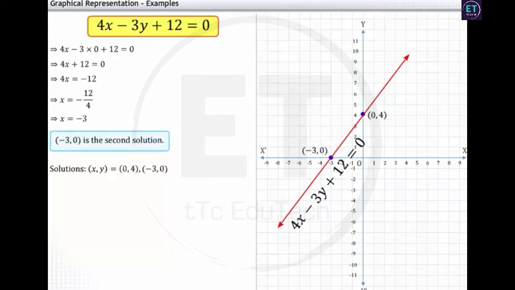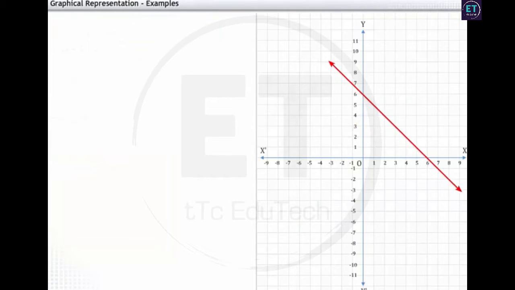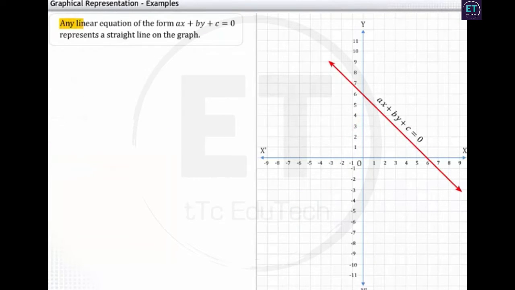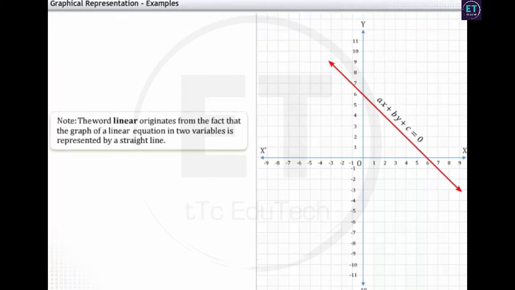After solving the examples, we can conclude that any linear equation of the form ax plus by plus c equals 0 represents a straight line on the graph. The word linear originates from the fact that the graph of a linear equation in two variables is represented by a straight line.